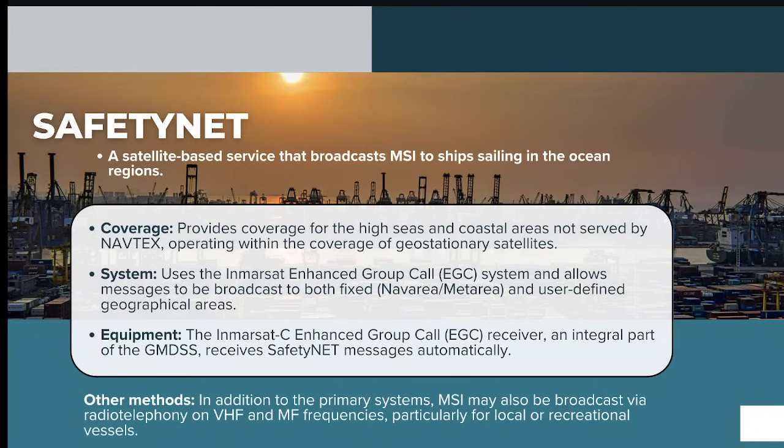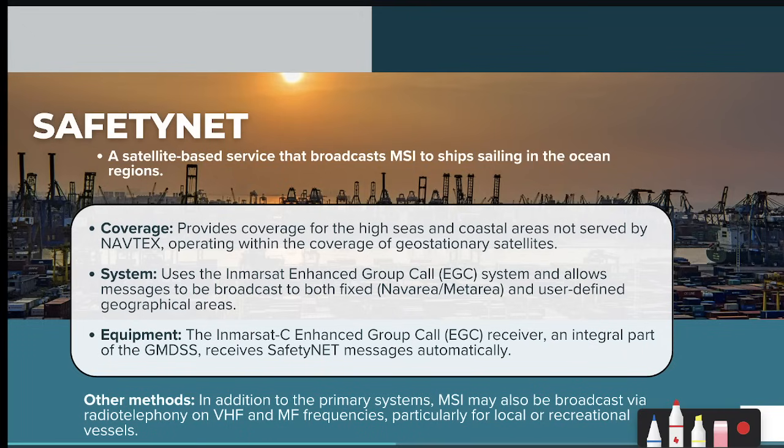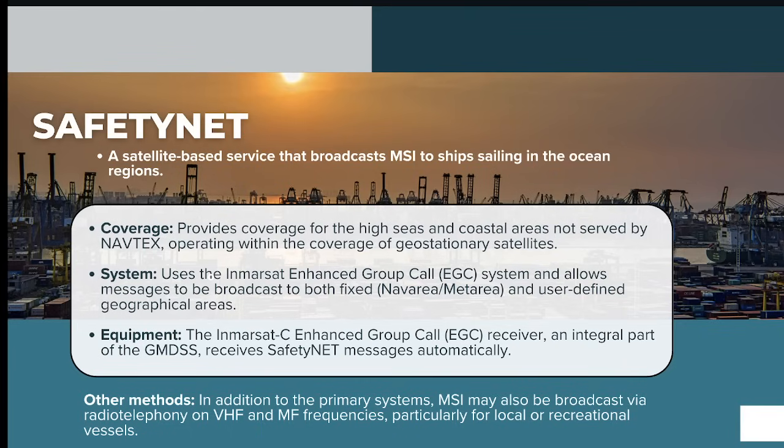It provides the coverage for the high seas and coastal areas not served by NAVTEX, operating with the coverage of the geostationary satellite. SafetyNET uses the Inmarsat Enhanced Group Call, or what we call the EGC system.